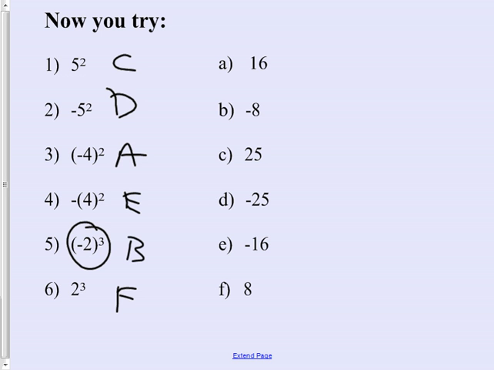-2 cubed. Now, I know you're thinking, oh, there's a negative on the inside of a parentheses, so therefore it has to be an answer that is positive. But what you should be thinking is, what does cubed mean? It means times itself again. So this means -2 times -2 times -2.